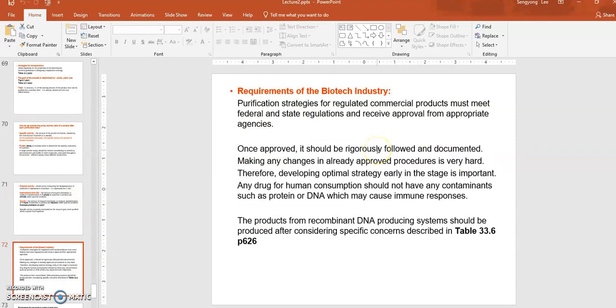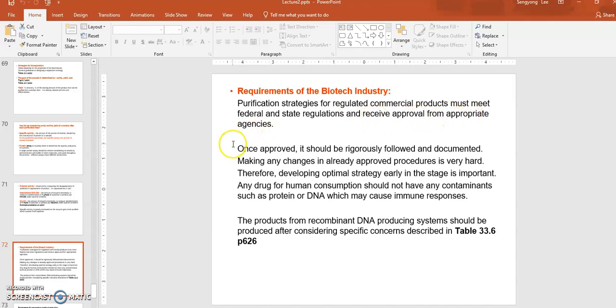And requirements of the biotech industry: of course, purification strategy for regulated commercial products such as injectable drugs, the FDA is concerned with your purification method. There are federal and state regulations that oversee the process. So your purification method should be reviewed and approved by the FDA. That's what it means.